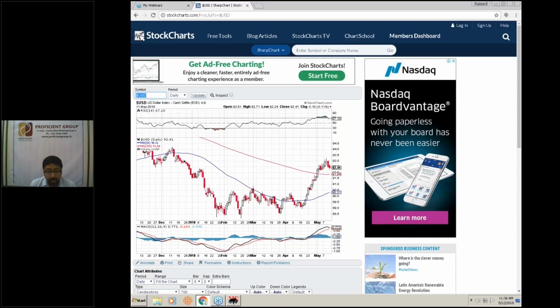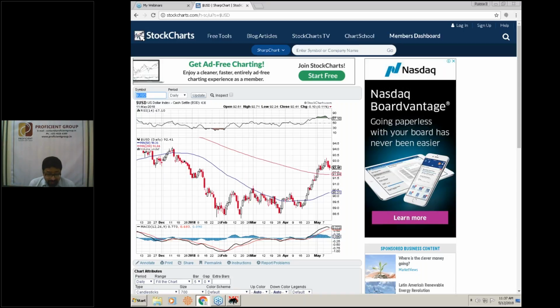We can see that dollar index has made a significant bottom in middle of April at around 90 level, and since then it has really taken off, right? It has first broken out above its 50-day moving average, then it has broken its 200-day moving average, and it has gone as high as 93 level, and now it is quoting at 92.5.